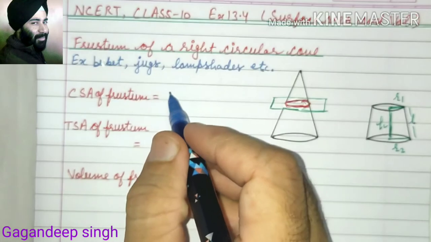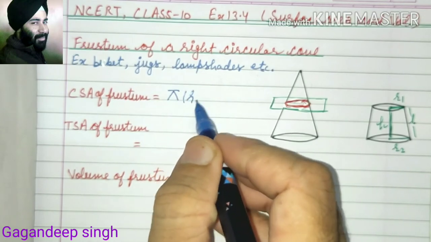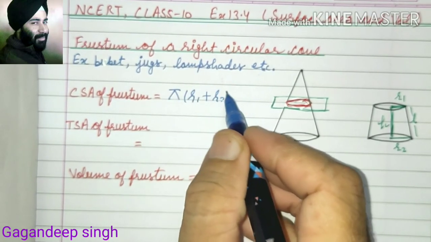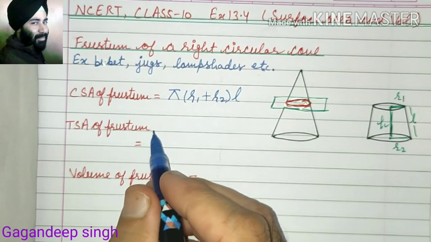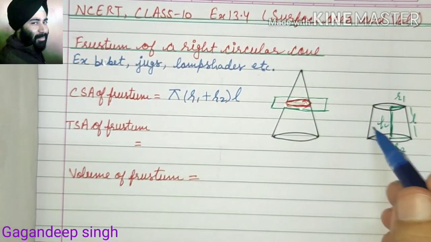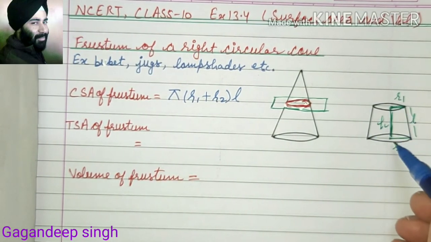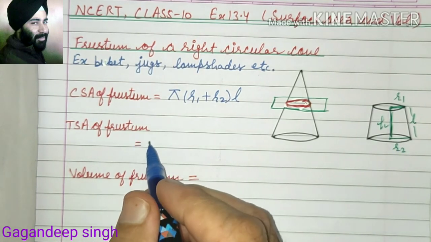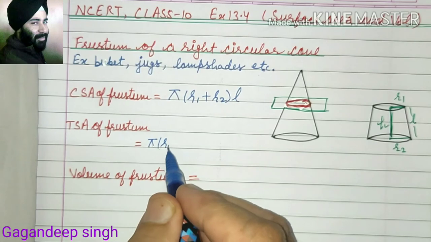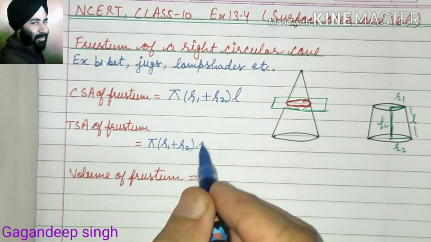CSA of frustum is pi (r1 plus r2) l. TSA of frustum, CSA plus top area and base area is known as TSA. So first we write CSA, pi (r1 plus r2) l.